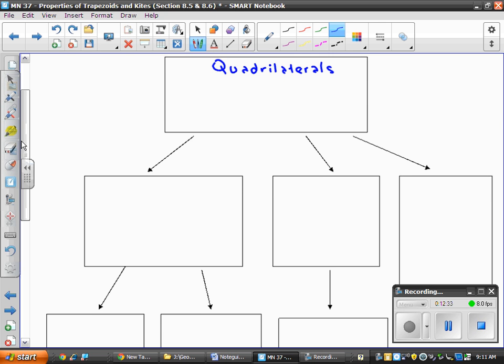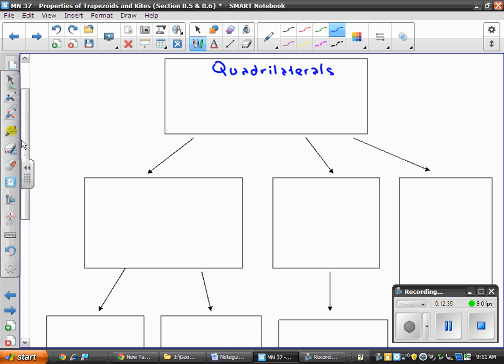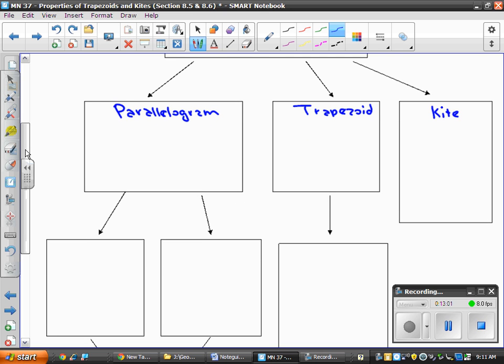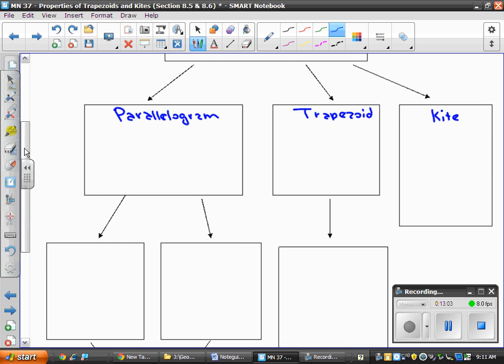So the quadrilateral family, then we have the parallelogram family over here. They're still quadrilaterals, but they are an offshoot of the parallelograms. This is the trapezoid over here, and all by its lonesome, the kite family. They chose not to produce any more shapes, I guess. Notice the trapezoid family is kind of short and sweet.